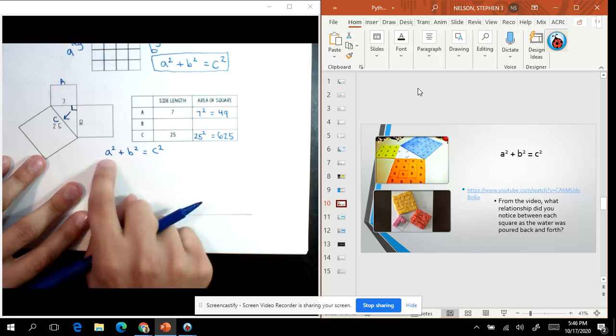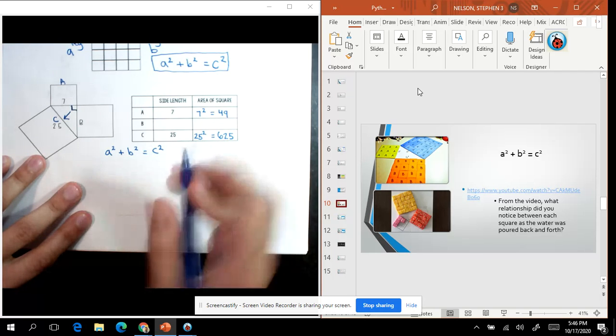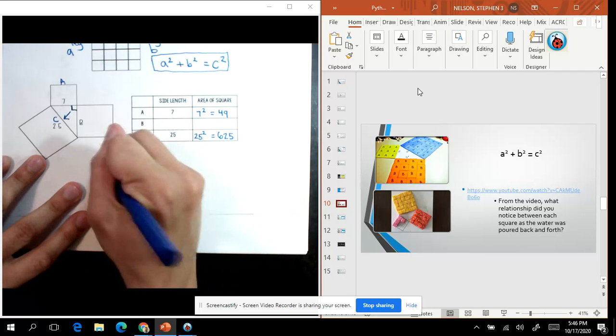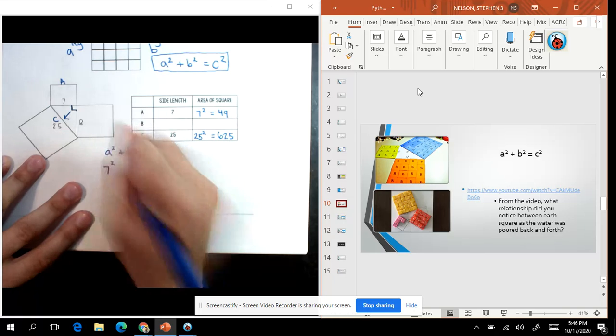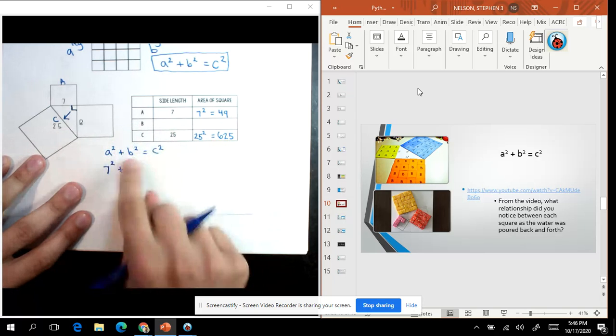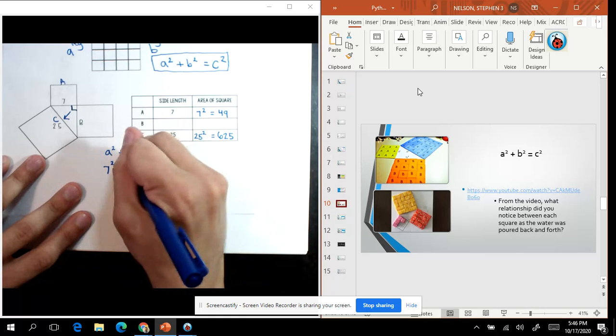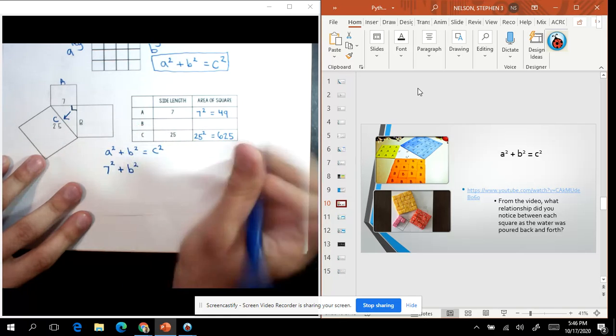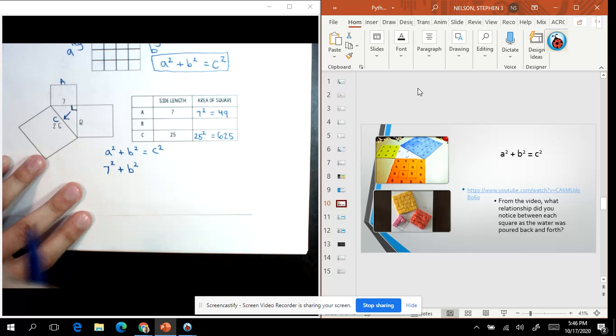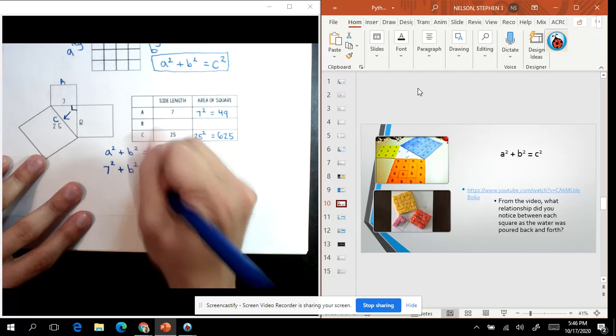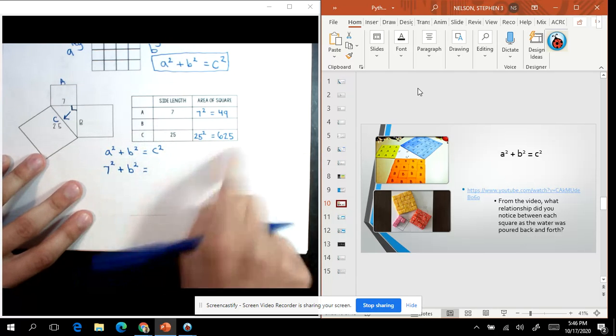I'm going to go ahead and just fill in the sides. So A, we were given it, 7. Add that squared. B, were we given B? We weren't given B. We were given nothing about B. So that's going to be our variable that we're looking for, b squared. Similar to saying we're looking for x, but now we're looking for b, is equal to c squared.